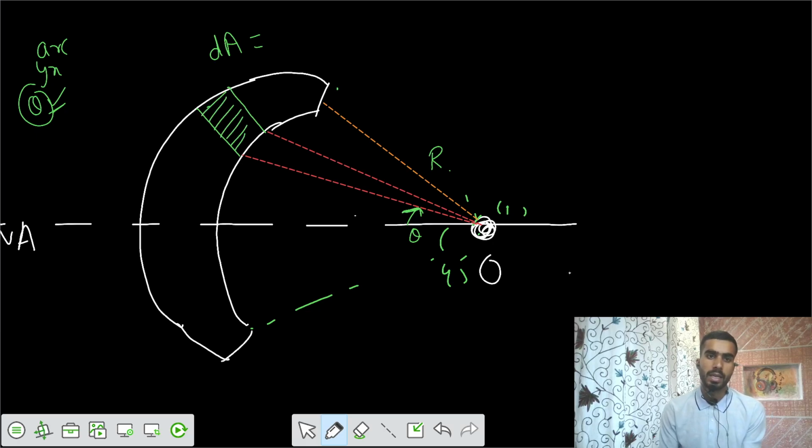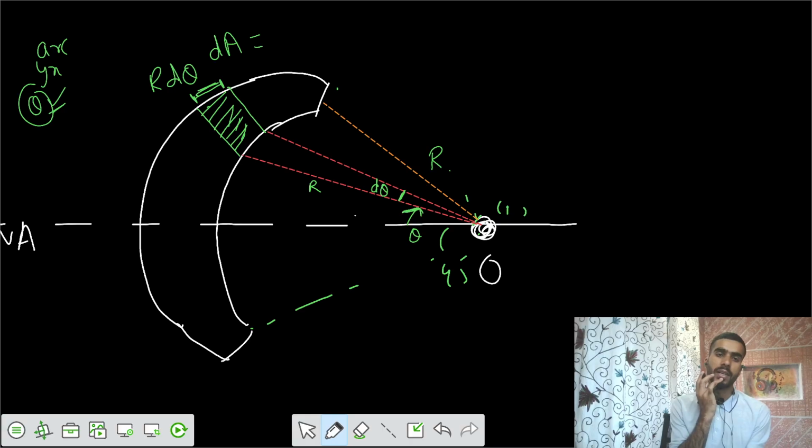Of some area dA, such that the differential element dA is making an angle of d theta at the O. So let's say this angle is d theta, and the value of this is radius R, so the length along the surface would be R d theta.